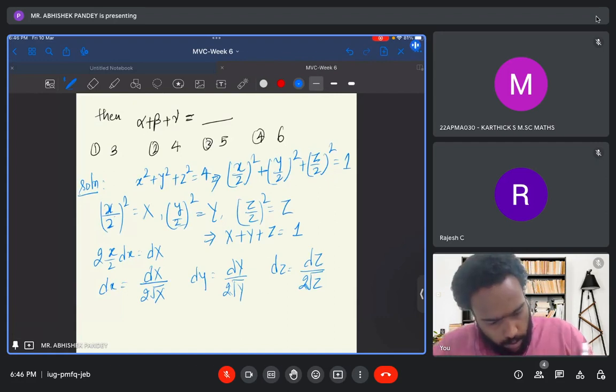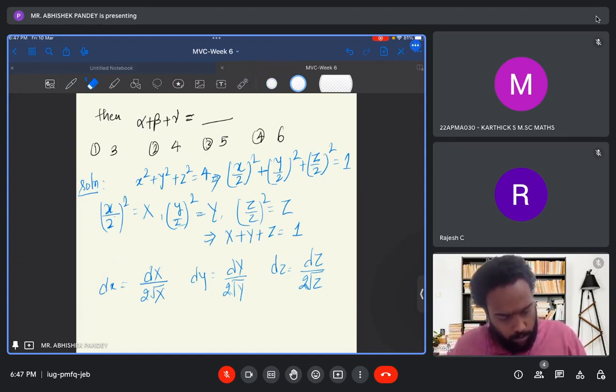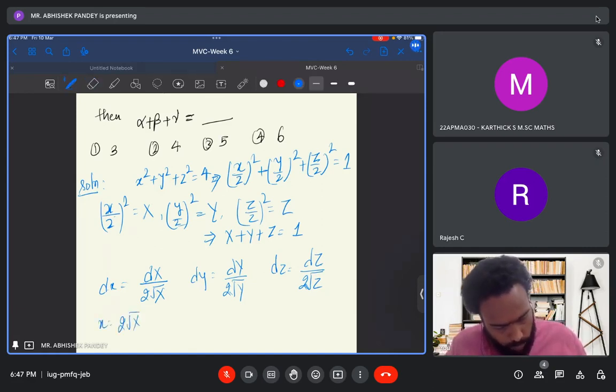Wait, I think here I have done some mistake. So x is equals to 2 root over x, so dx is equals to 2 into 1 by 2 root x dx.